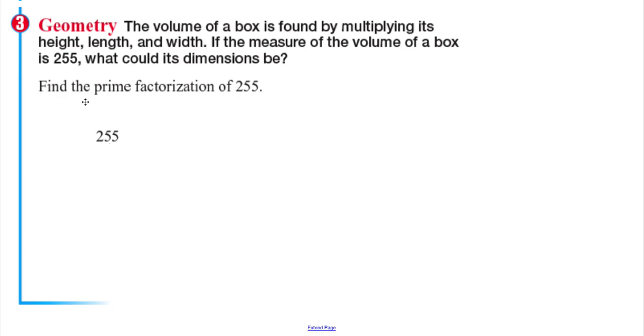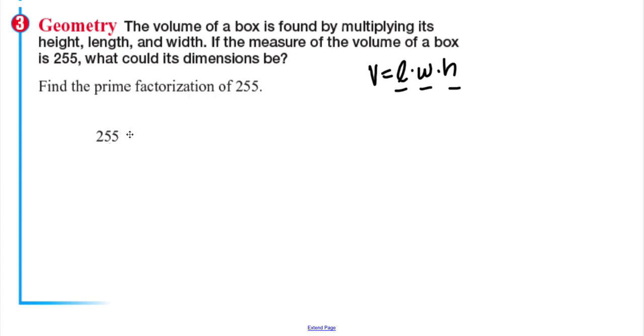Okay, we need to find the prime factorization of 255, and what you need to know is that to be able to find volume, you need to multiply length times width times height. These are the dimensions that we are looking for: length, width, and height. So that means we need to find three numbers that, when you multiply them together, will give you 255. And that's exactly why we're doing our prime factorization.